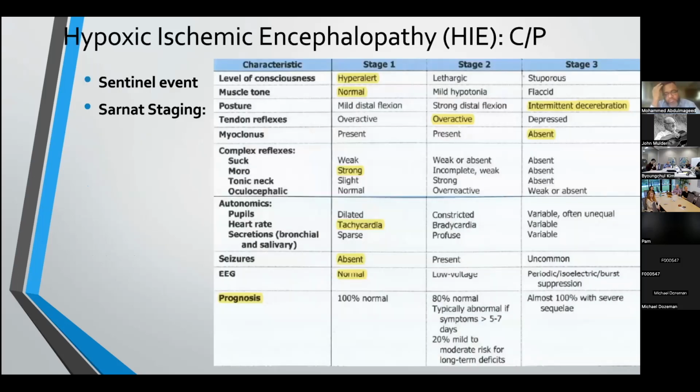So what happens with hypoxic ischemic encephalopathy is there is a sentinel event. Sentinel event means something that happened just around labor time, either just before labor or during labor. An event that led to hindrance, delay, or impedance of blood supply to the fetus through the placenta, such as the mom herself had a shock, was in a motor accident, placental separation or abruption happened, cord prolapse, or cord avulsion sometimes.